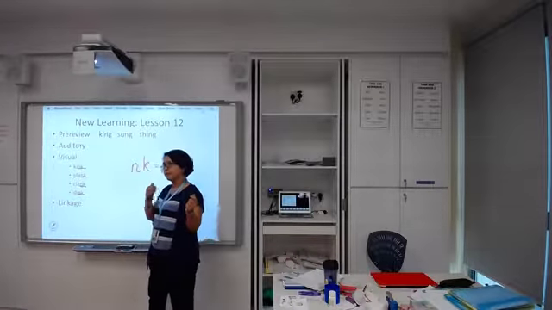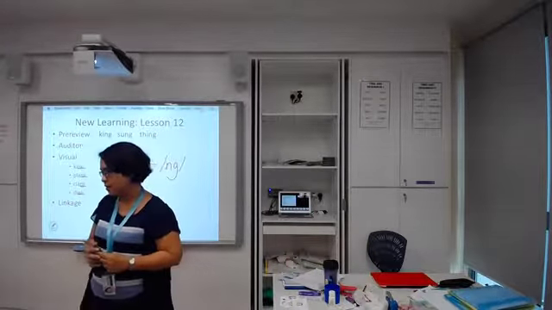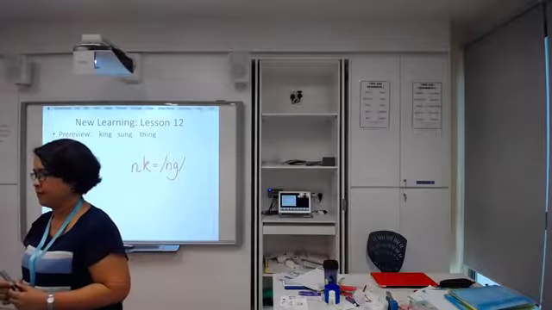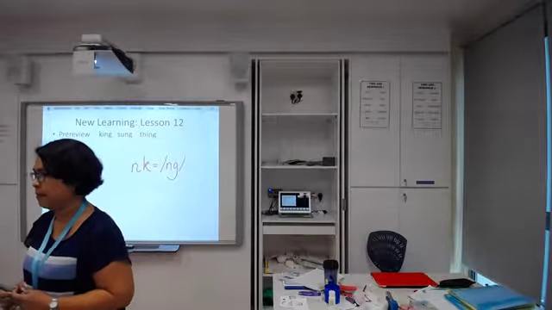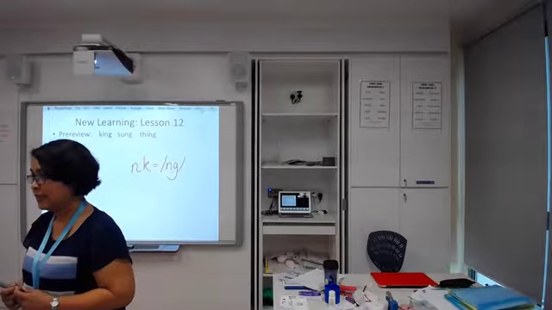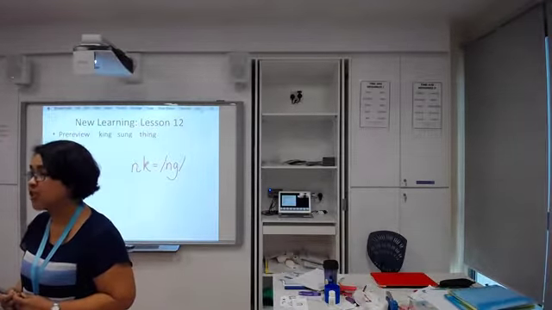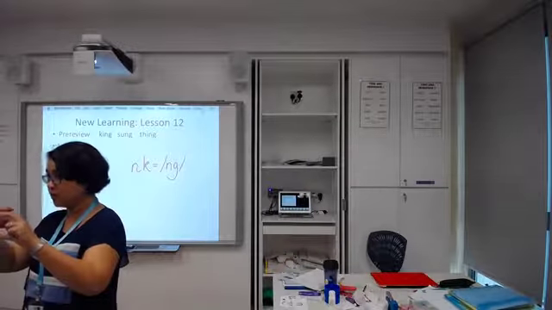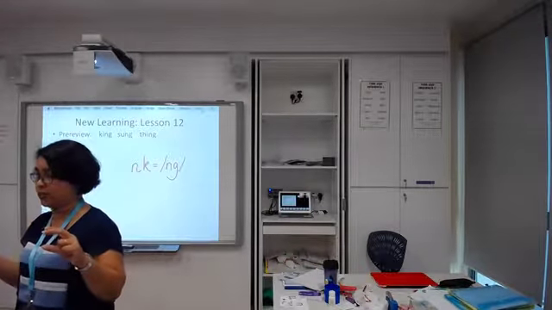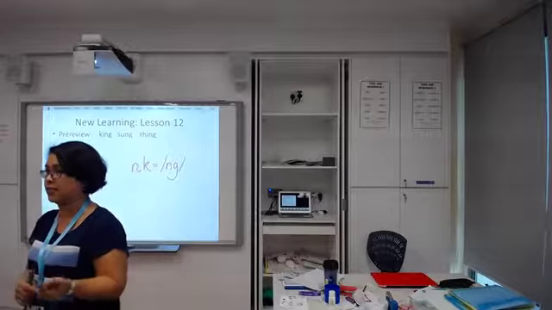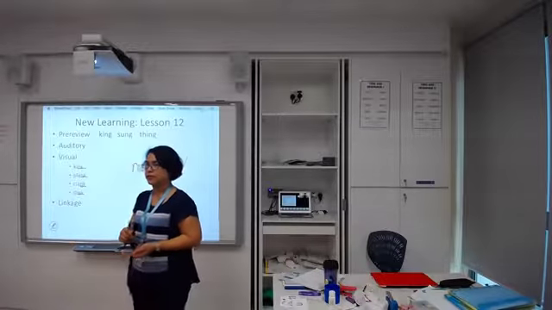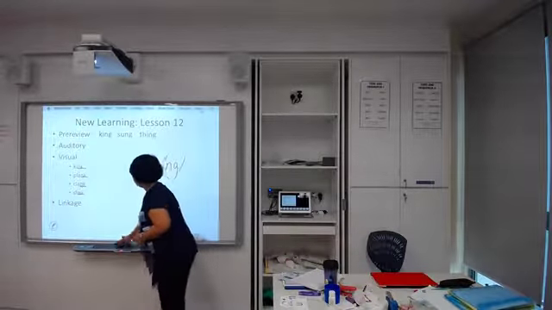But why is the ng sound in thing not part of the picture card? It is. The keyword is king, but for the sound NG. You don't have to make a picture of all the words with NG. You only need one to remind you of the sound. Okay, so king will remind you of the sound. Okay?